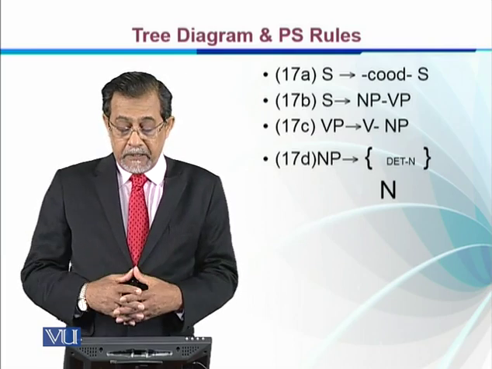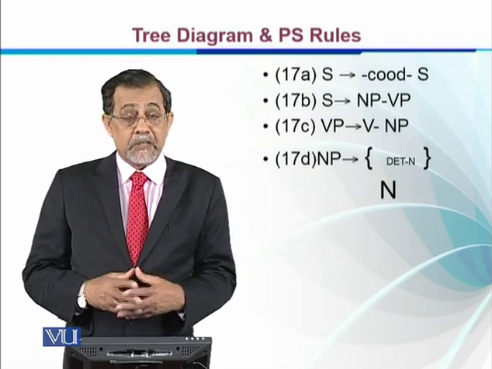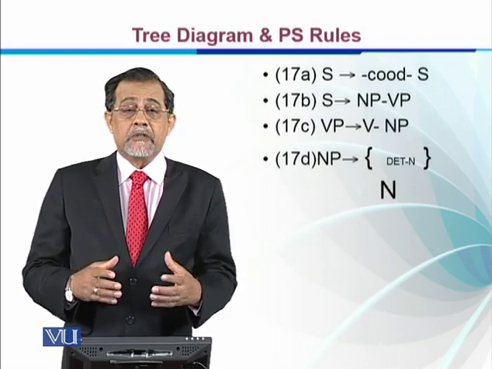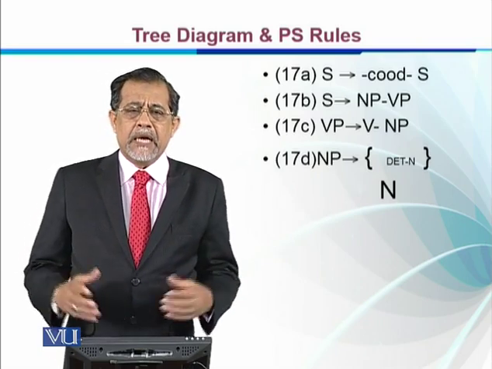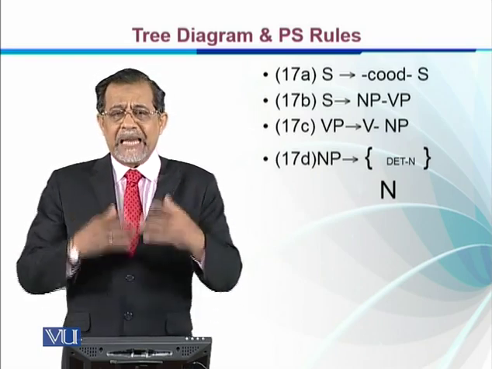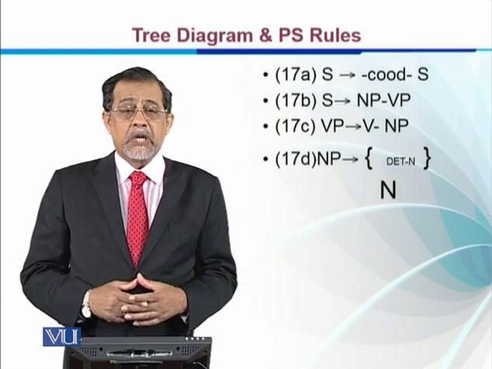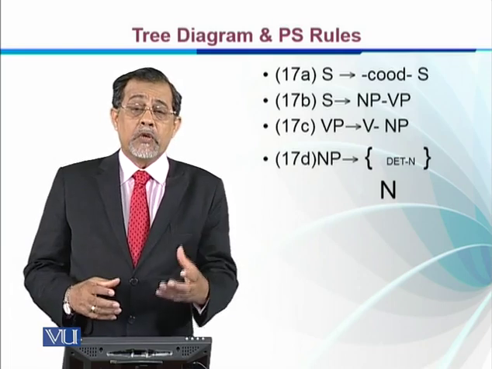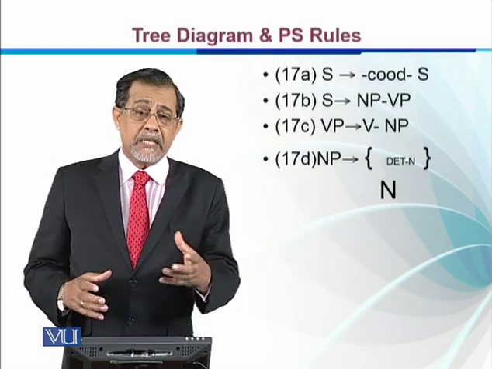VP is expanded into a verb and a noun phrase. And in 17d, a noun phrase consists of either a determiner and a noun, or it may be just a noun. So with the help of the tree diagram, we can reach these phrase structure rules, and we can know what grammatical category each part of the sentence has.